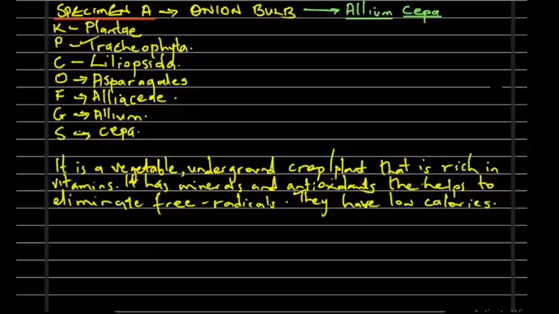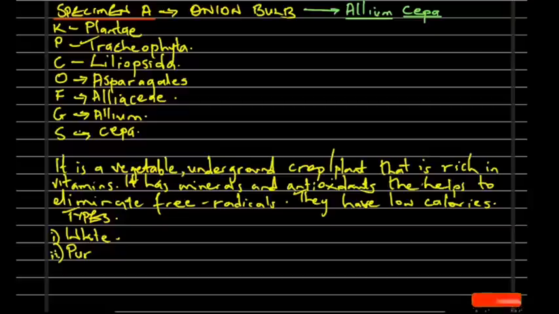Basically, we have the white and the purple to brown color of the plant types. Now, we have the white, and then the second one, we have the purple to brown.